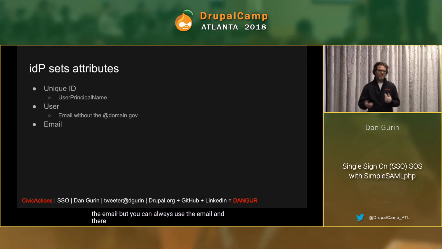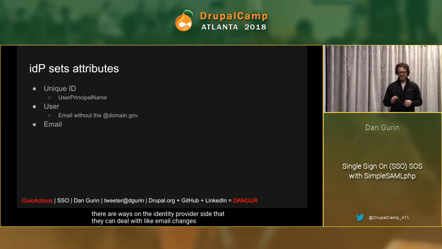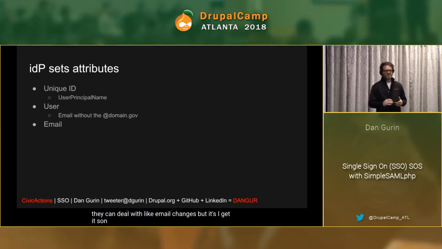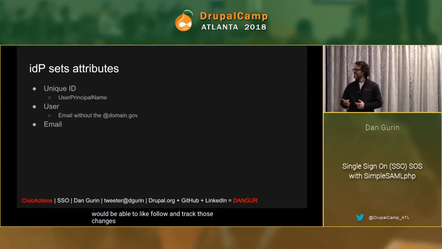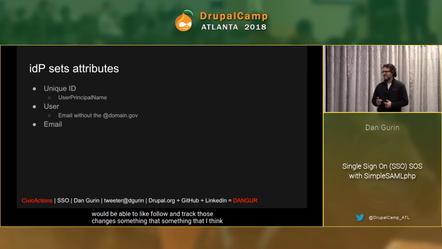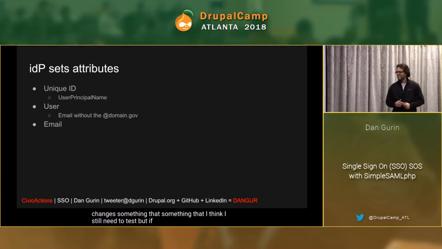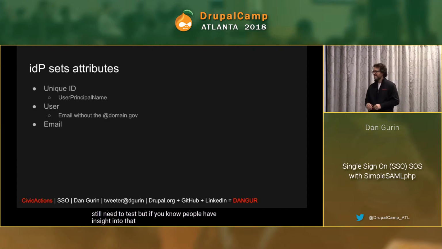And there are ways on the identity provider side that they can deal with email changes, but it's unclear to me at this point if Drupal would be able to follow and track those changes. So that's something I think I still need to test. But if people have insight into that, the identity provider I was working with assured me that there's nothing to worry about. So I guess we'll find out.